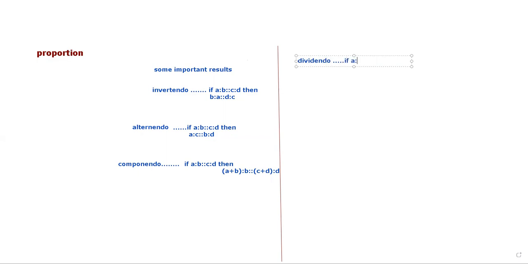If we have A is to B as C is to D, then I can also write A minus B ratio B, proportion C minus D ratio D. This is dividendo.